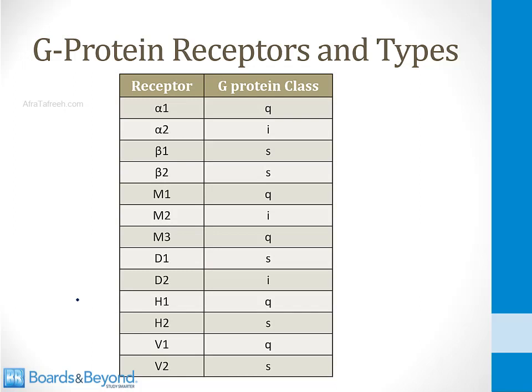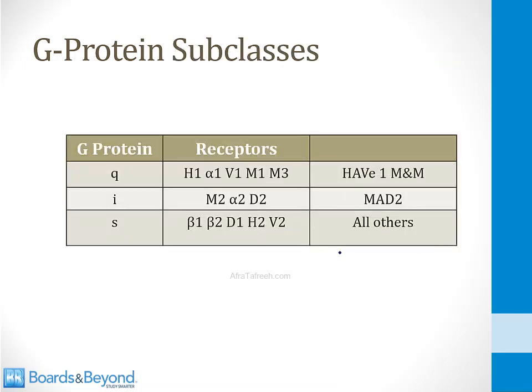Shown on this slide are all different types of receptors in the body that are linked to G proteins. So the alpha and beta receptors and the muscarinic receptors are linked to G proteins, but so are the dopamine receptors, histamine receptors, and vasopressin receptors. All of these are linked to some of the different subtypes of G protein receptors. And if you want to remember all of these, there is a mnemonic that most medical students learn.